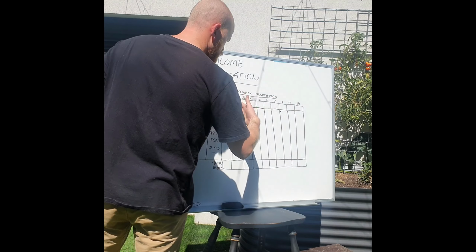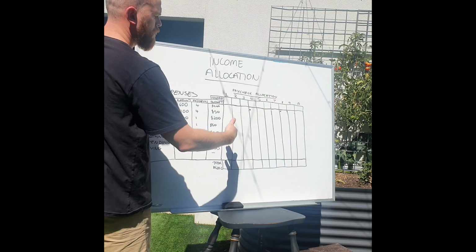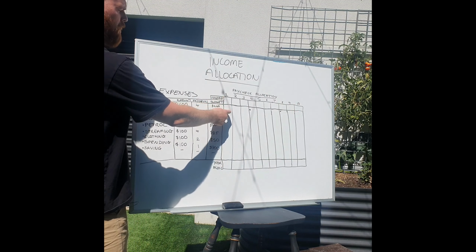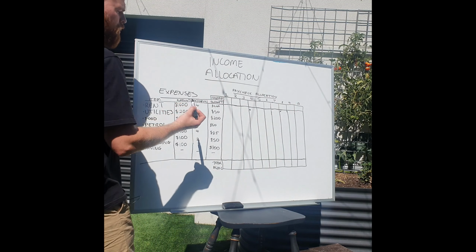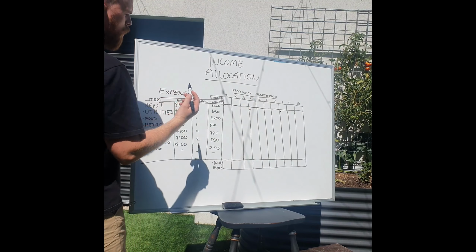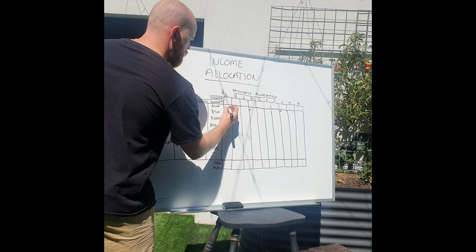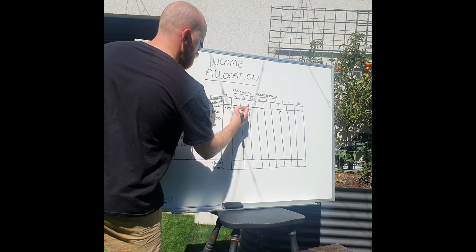You project what the budget allocation is going to be for each expense, 10 paychecks in advance from where we are right here at the first one. So we know that rent's going to be due every 4 weeks, so what we're going to do is input that $400 allocation every single week.